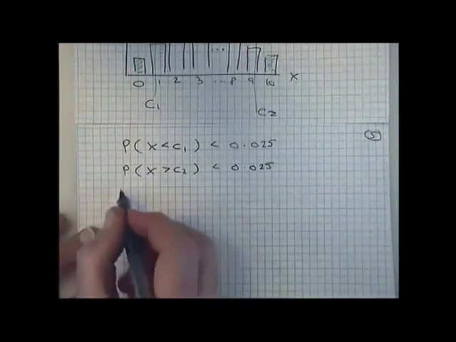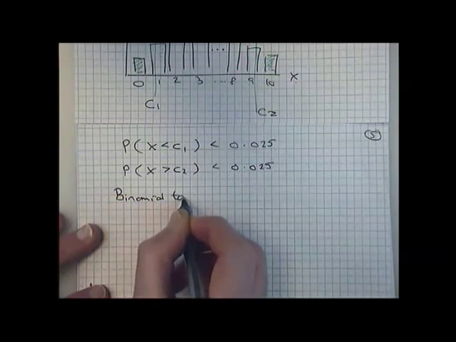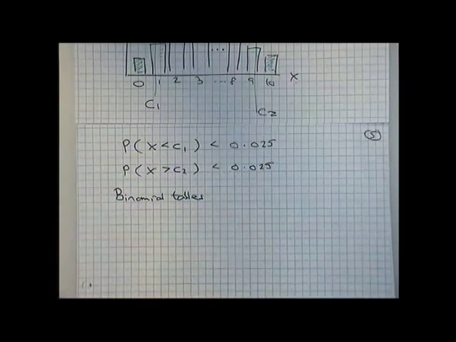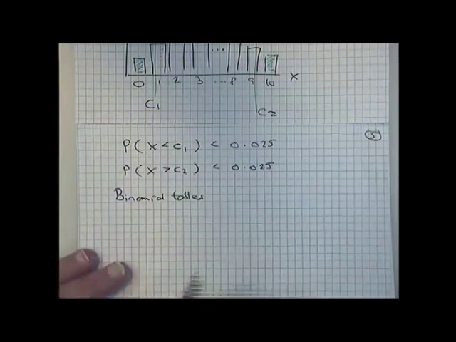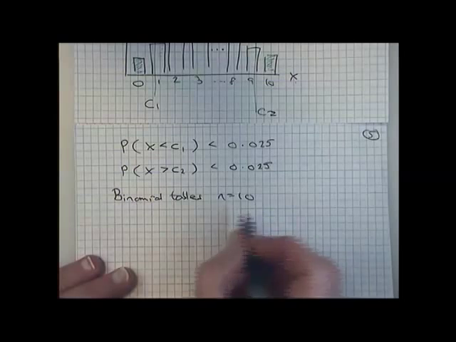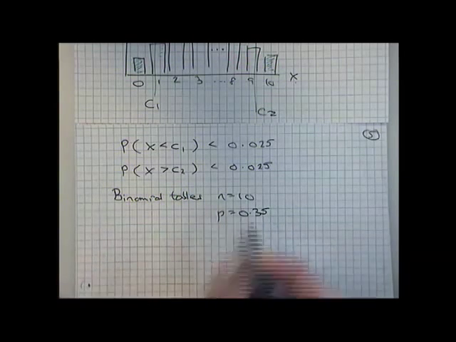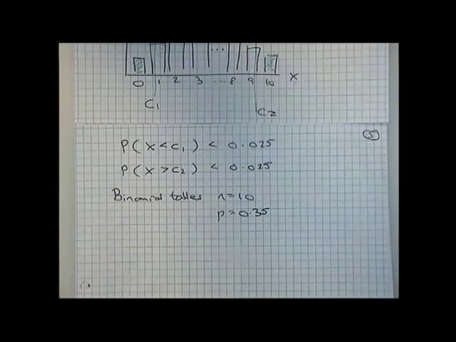So in the scenario we're doing now, we are going to use binomial tables. Now you may be able to do this on a calculator by doing an inverse one. I'll leave that up to you to find out whether you can do that easily. Binomial tables, here we're dealing with n is 10, p is 0.35. Now I've got a note here that in the S2 books, if you're using tables from the S2 books, they've printed the 0.35 and the 1/3 columns the wrong way round in the textbooks.